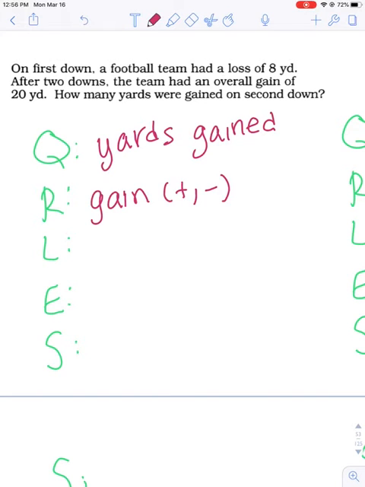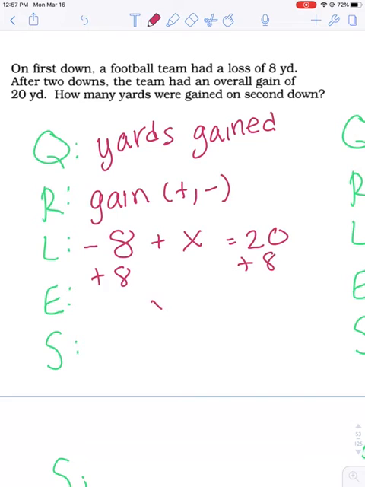So they start with a loss of 8 yards. That's like being 8 meters under the water. We've done problems like that before. A loss of 8 yards is the starting point. So it starts at -8. Then they gained a mystery amount, and they ended up at +20. So that mystery amount is my plus x. So started at -8, gained a mystery amount, ended up at +20.